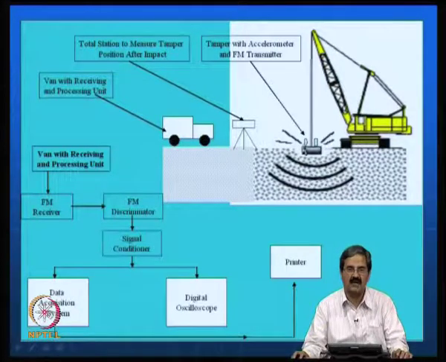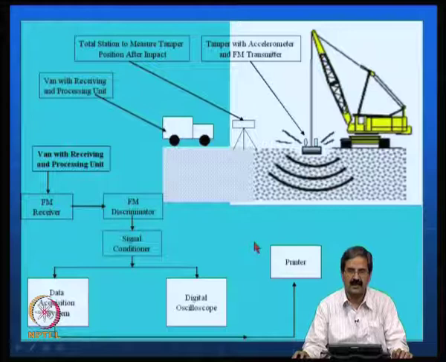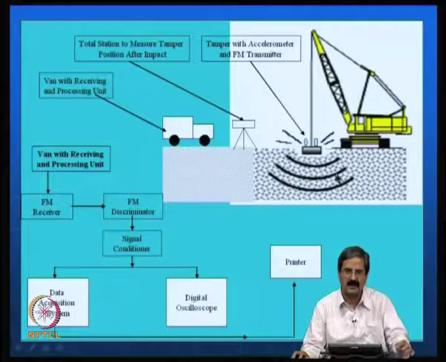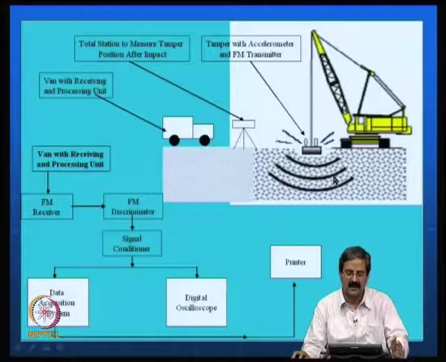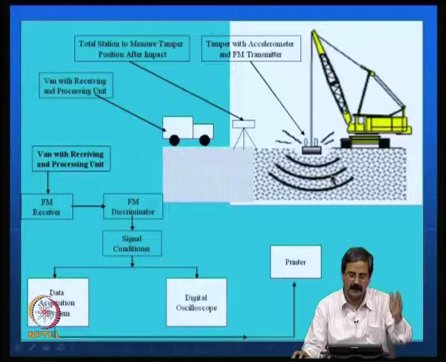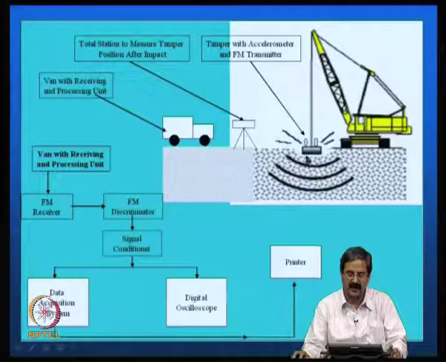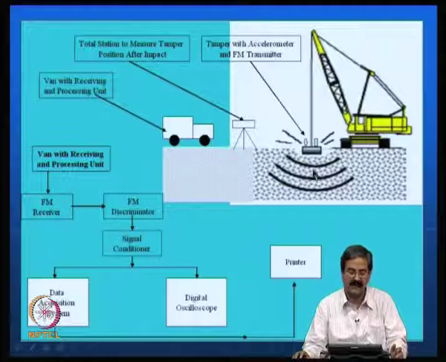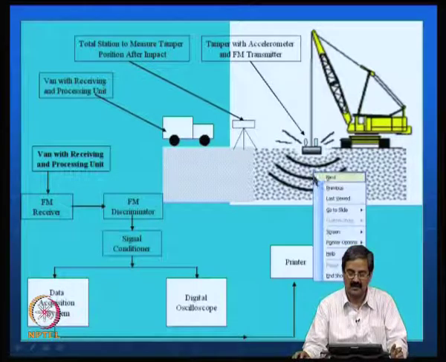You have a chart telling what is the initial health of this location, for example up to 10 meters, in terms of the SPT values, the cone penetration values, water content, and what is the health of the particular soil up to a depth of, say, 10 meters after dynamic compaction. These give the signature of the ground. The signature of the ground you are able to capture very well with instrumentation, and that is very important.